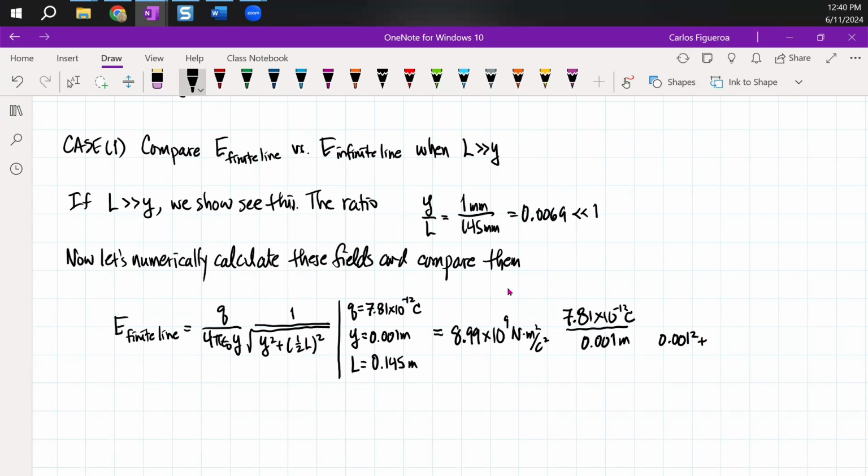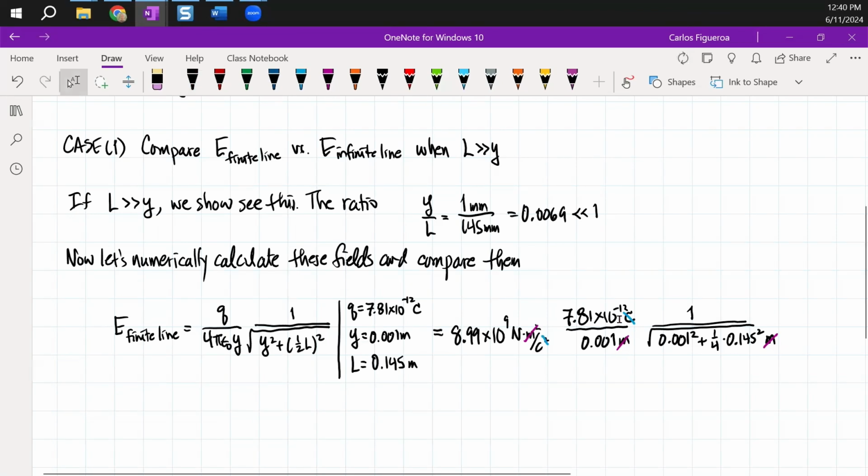And then this should be the square root of 1/4 times 0.145 squared, all into 1, and this will give me units of meters. So if I start to cancel things out, you can see that the meters are going to cancel out. I look at the charge, and I see that one of these charges cancels here, and that cancels. So that gives me units of newtons per coulomb. So if I compute this number, this is what we get.